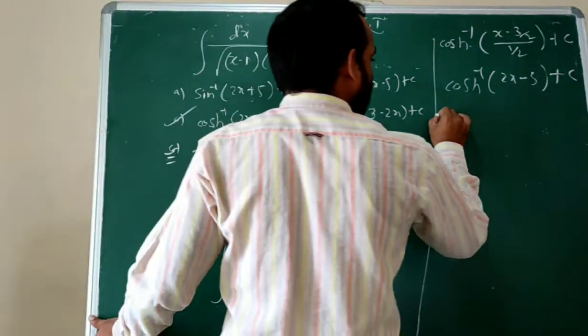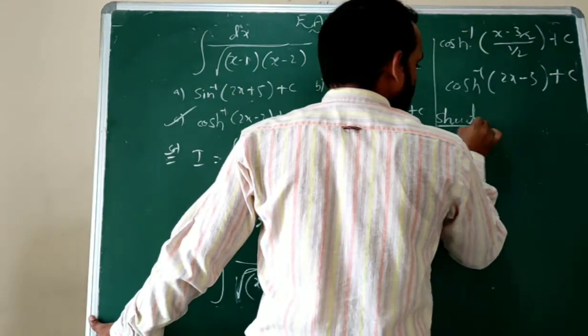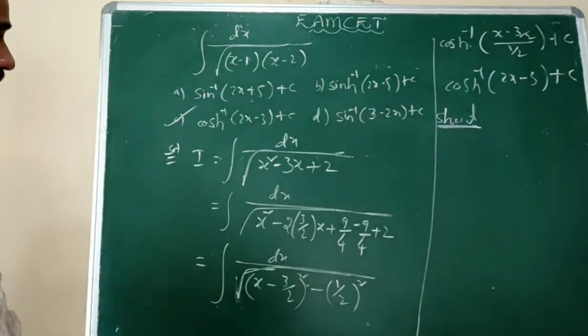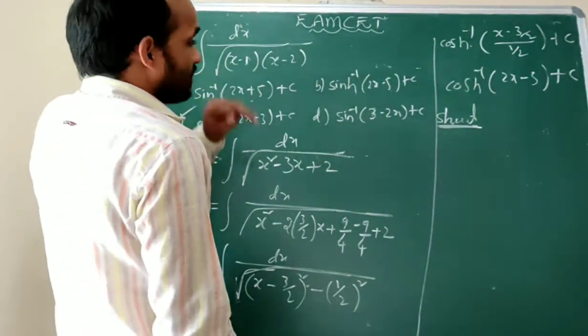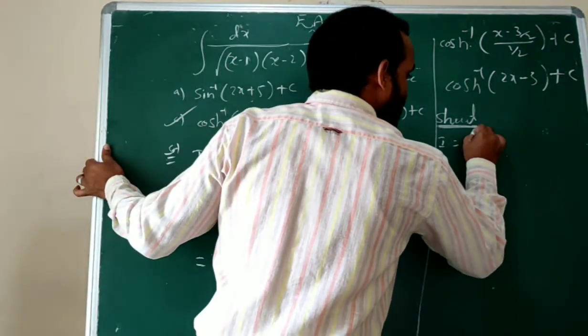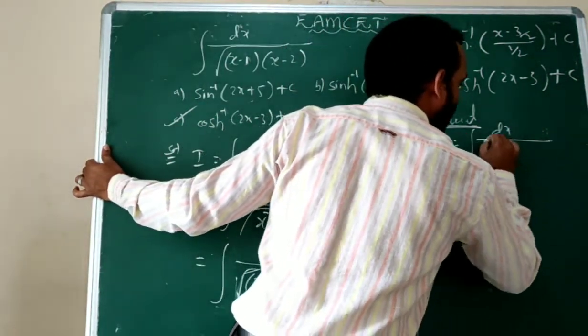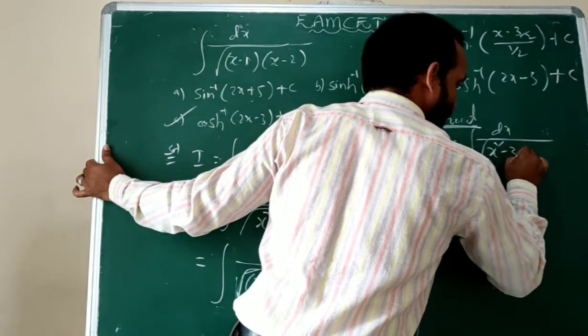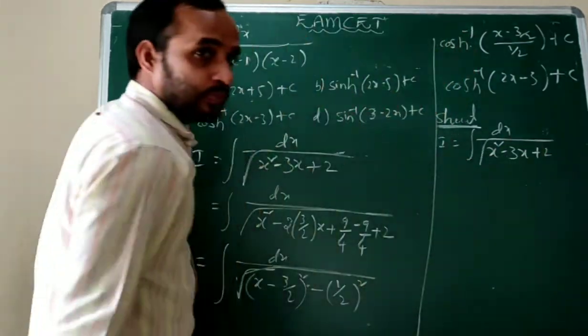Otherwise, the shortcut. So what is the shortcut? Here is the problem: capital I is equal to integrating dx by under root of x square minus 3x plus 2.